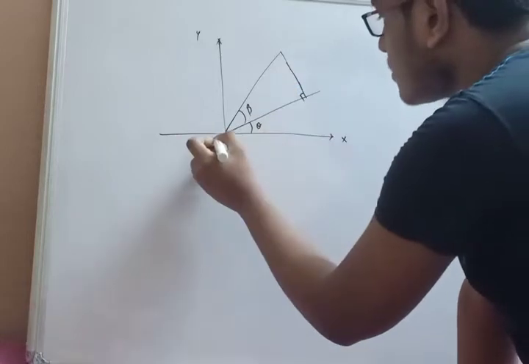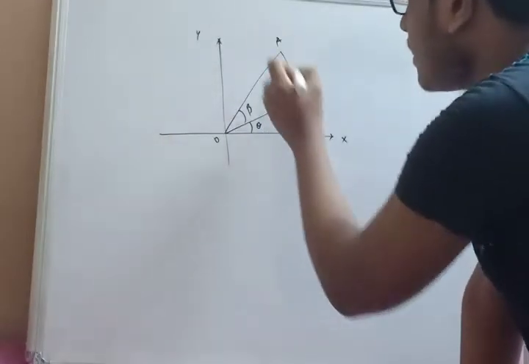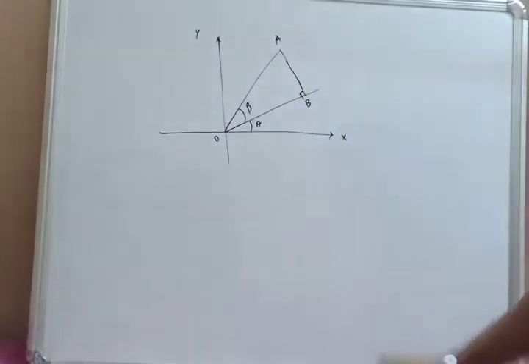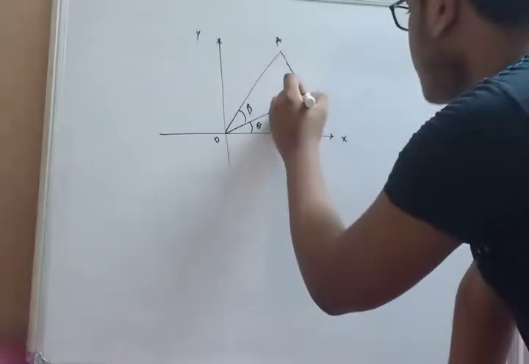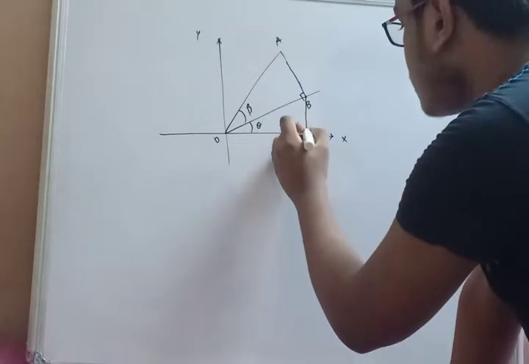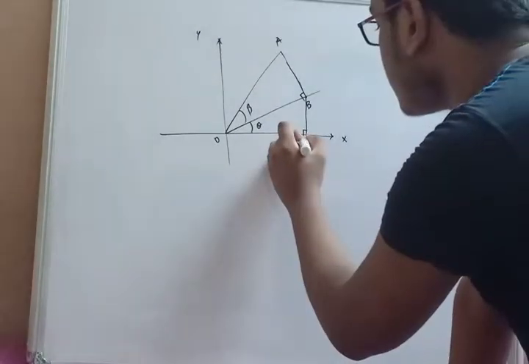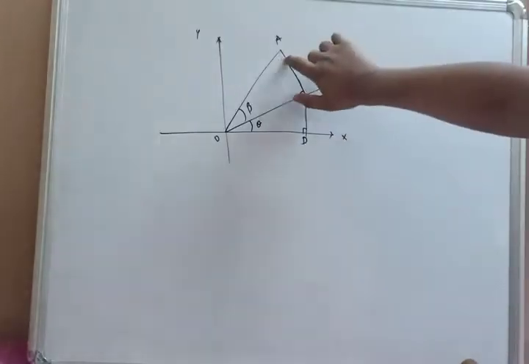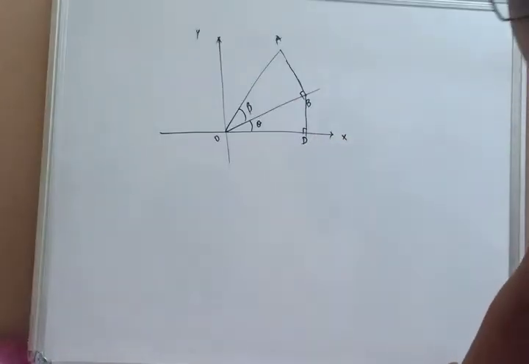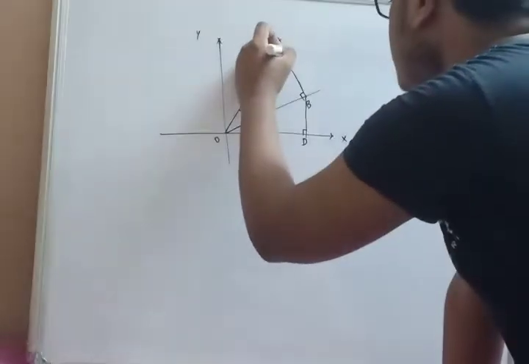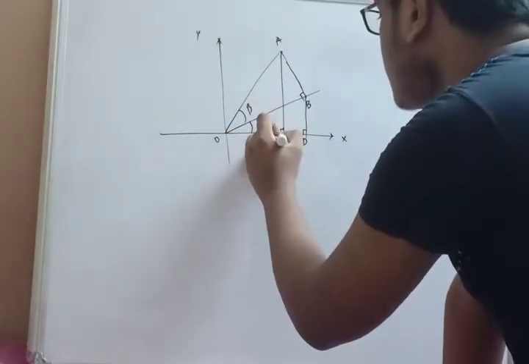This point is O, let this point be A and let this point be B. Now again, if I drop a perpendicular from B to the x axis, I will get a point D, and from A I will also drop a perpendicular upon the x axis, which I will name as E.